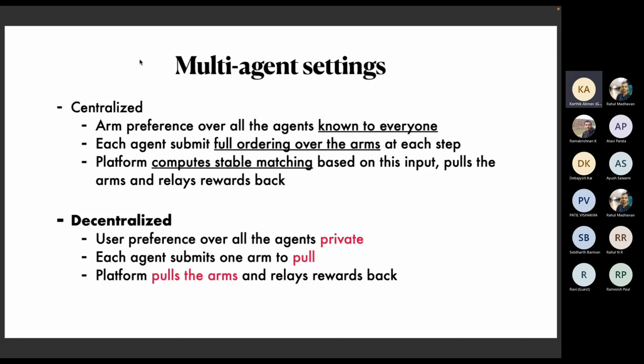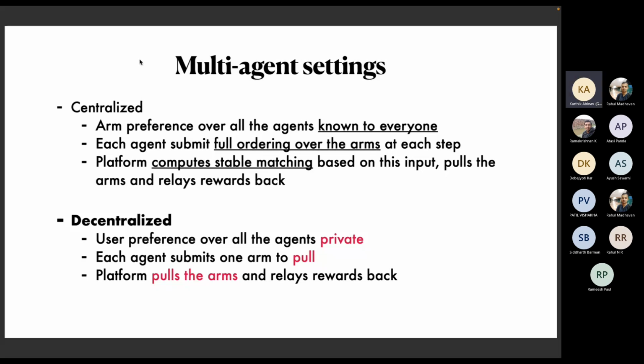So this is a centralized setting that makes a lot of assumptions, but I think it's still an interesting first point to study, because you want to understand what is possible with this problem.